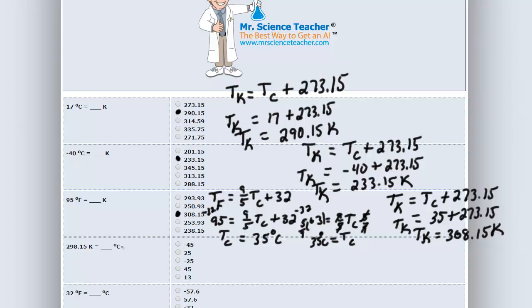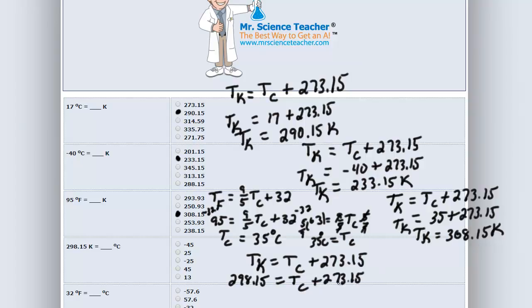298.15 Kelvin is equal to what amount in Celsius? Well, our temperature in Kelvin is equal to our temperature in Celsius plus 273.15. And if our Kelvin temperature is 298.15, what is the Celsius temperature?